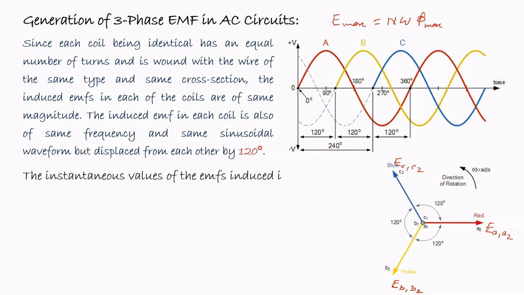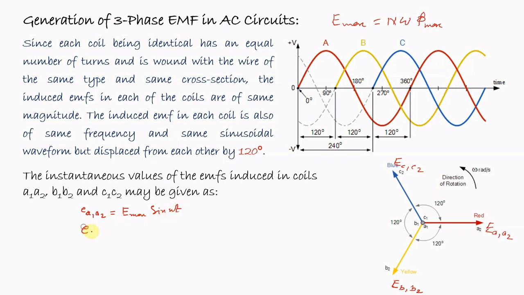So the instantaneous values of the EMFs that are induced in the coils A1, A2, B1, B2 and C1, C2 can be given as follows. The EMF induced in the first coil, that is E of A1, A2, will be E max sin omega t.